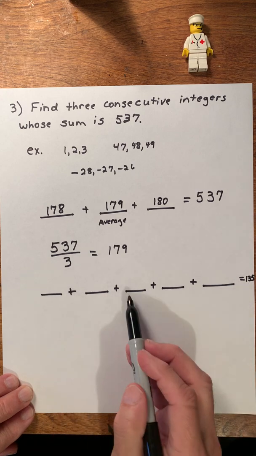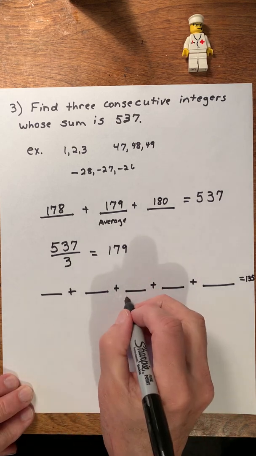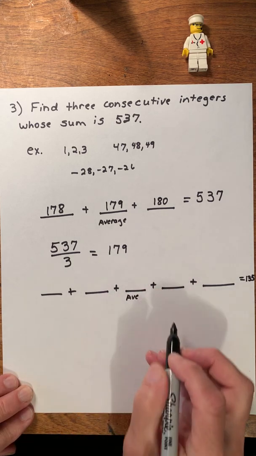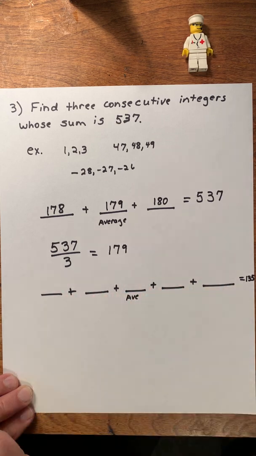If you have 5 things added that equal 135, I can also find the middle value, which is the average, by simply dividing by 1, 2, 3, 4, 5.